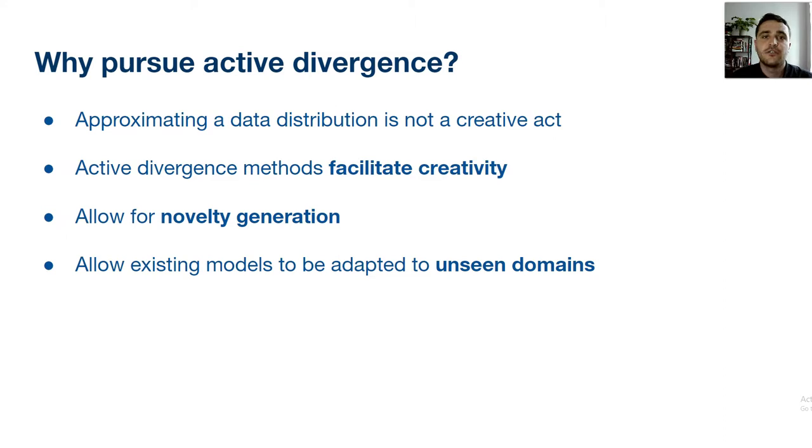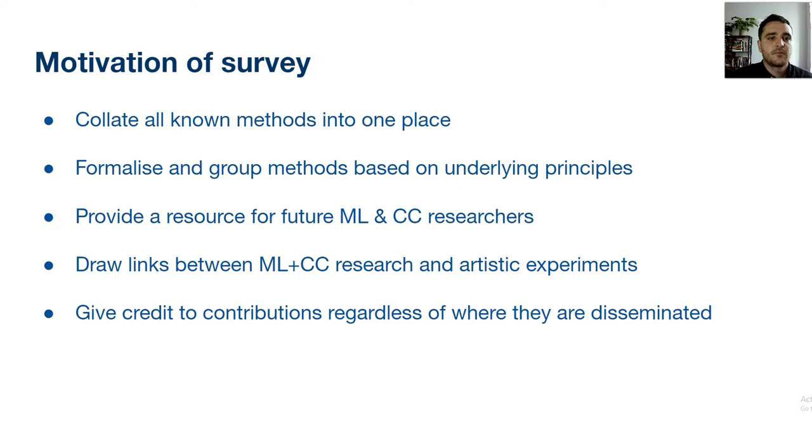They allow for novelty generation, but not just generating novel samples, generating novel distributions of samples, of completely novel outcomes. And it allows existing models to be adapted to unseen domains.